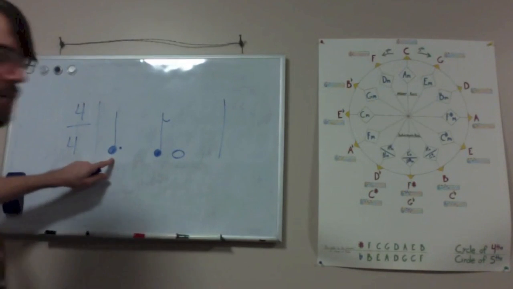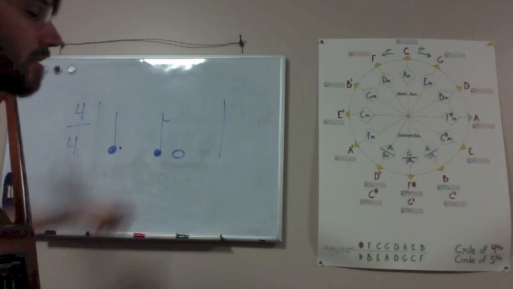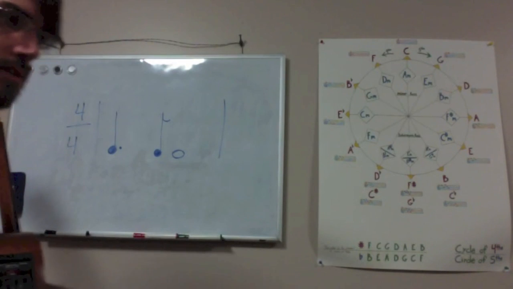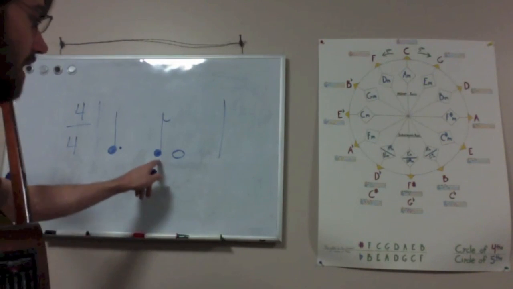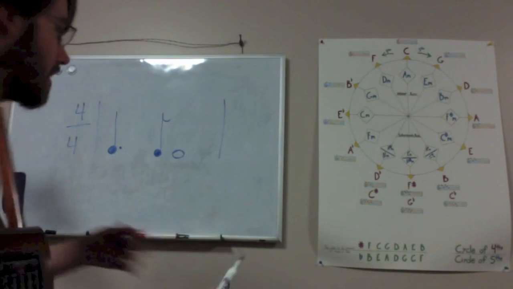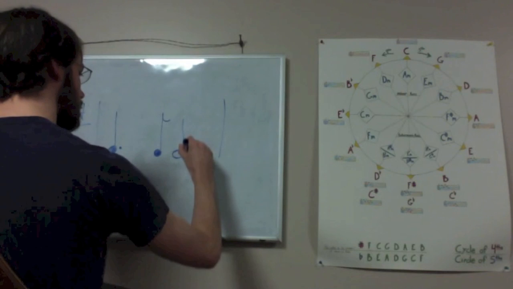Because this takes up 1.5 beats, and a single eighth note would take up half of a beat, and you put those together and you get 2. So it's very handy to have this extra half of a beat sticking out here because it kind of just evens things back up. This is a half note.